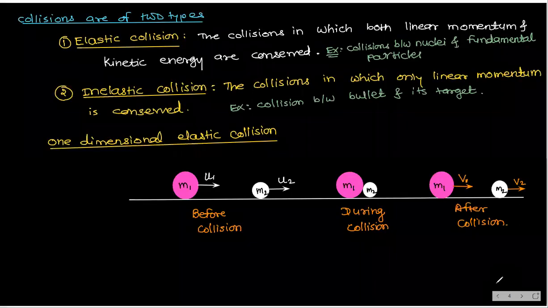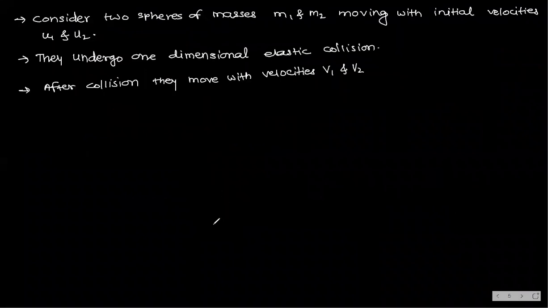Whatever you are observing in the diagram, that only you write in your own language. Own language means not in Telugu. Own sentences you have to write. Right. So let's move ahead.